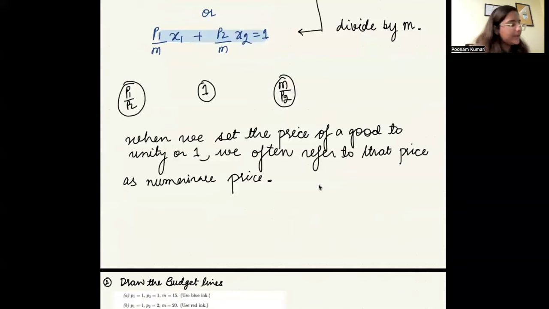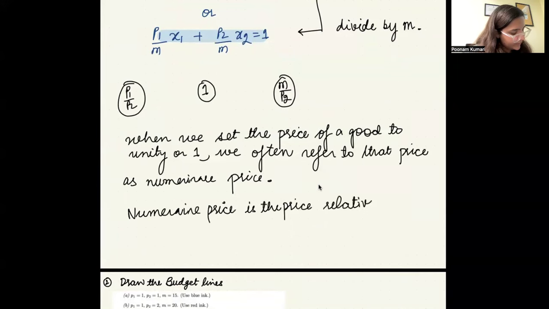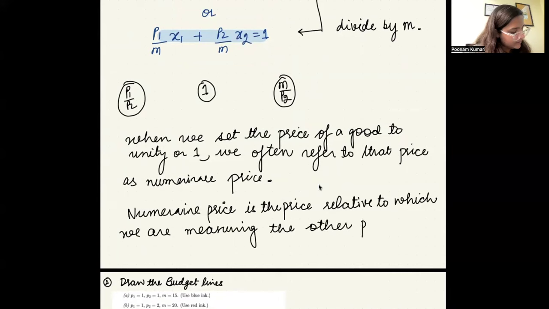And what does numeraire price mean? It is the price relative to which we are measuring the other prices and income.